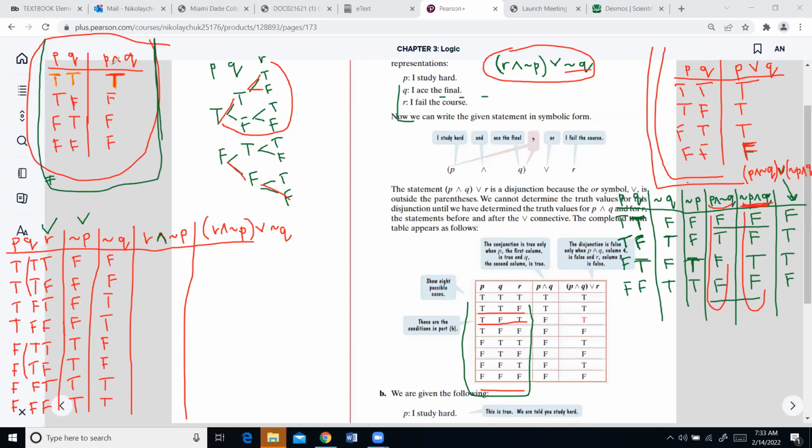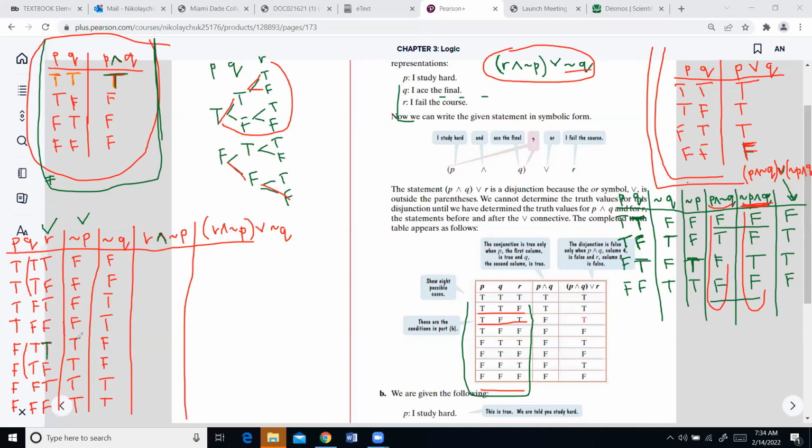Just like we did in the previous exercise, I care for the case when I get a T, because this conjunction is T only when everything is T. So I'm looking at these columns and asking myself, when do you have both of them as T's?